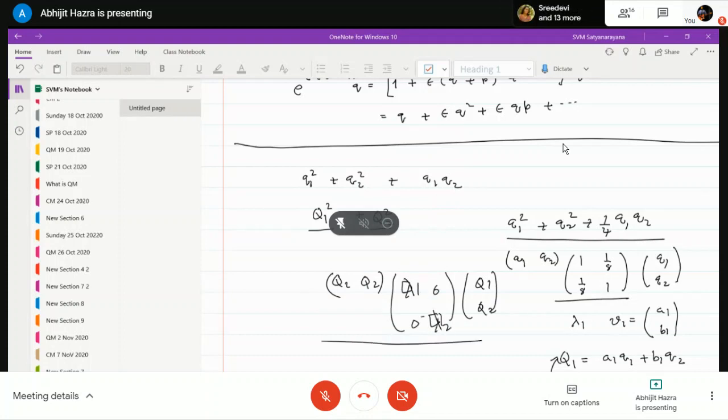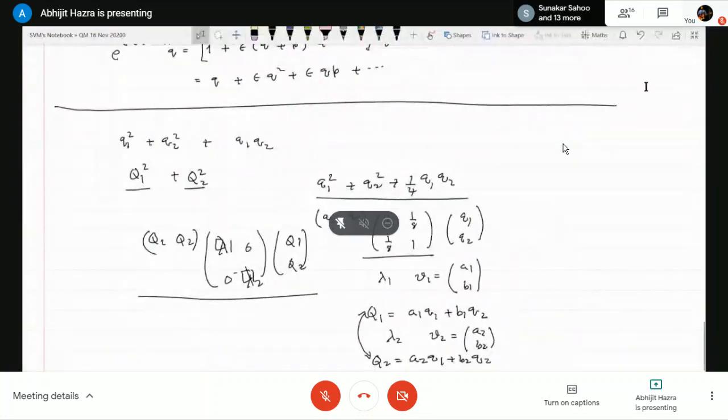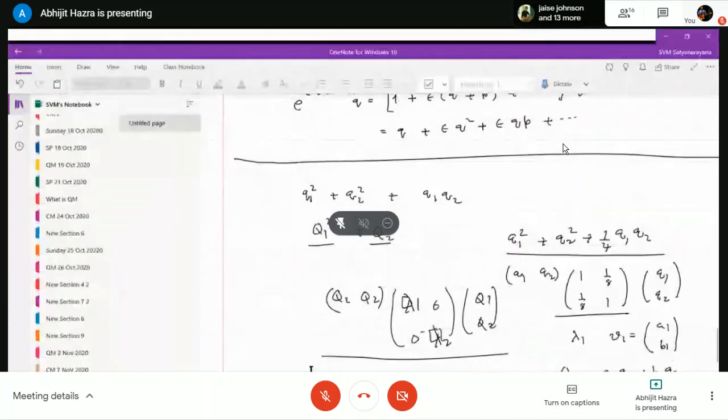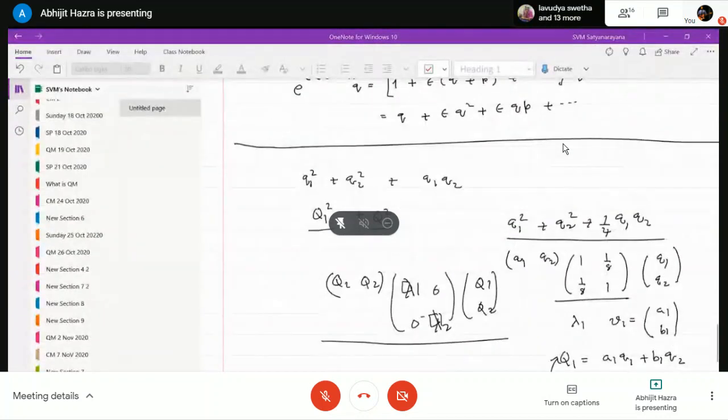So in terms of this, you have lambda 1 Q1 square and lambda 2 Q2 square. So the transformation is something like that. You don't have to worry about the transformation, as long as these are quadratic terms, such a transformation will always exist.